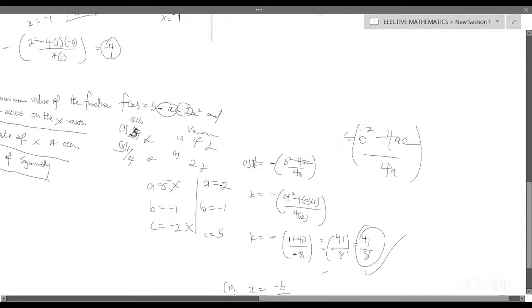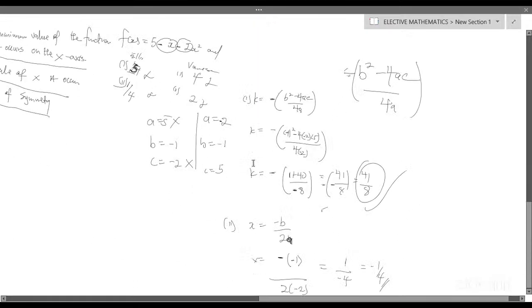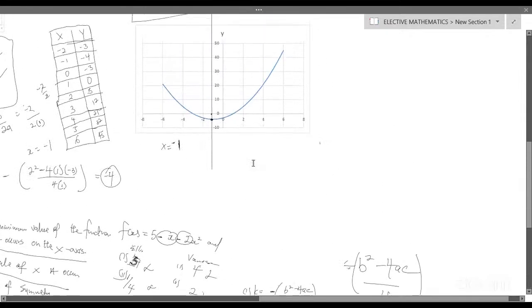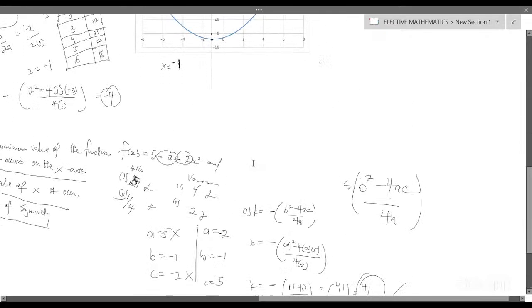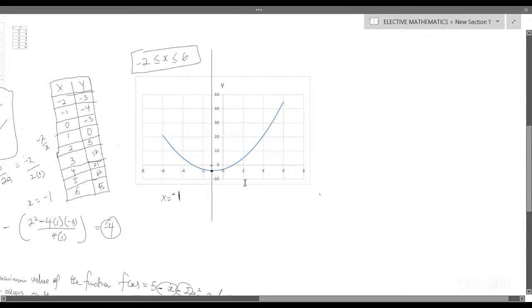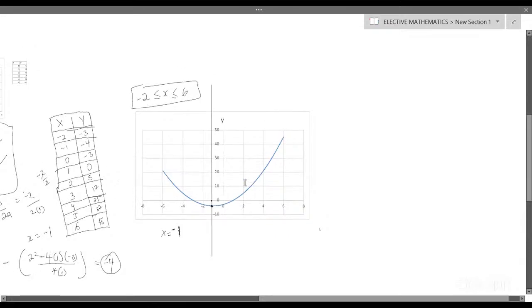Now, Elsie, we're talking about finding the axis of symmetry and the minimum or the maximum value of a quadratic function. And I use this graph as an example in the first instance. When we talk about axis of symmetry, you see this straight line that I've drawn. It is the line that divides the quadratic graph exactly into 2.